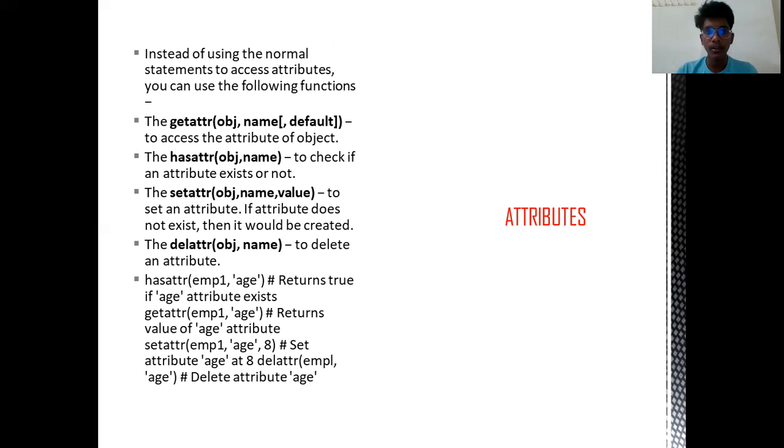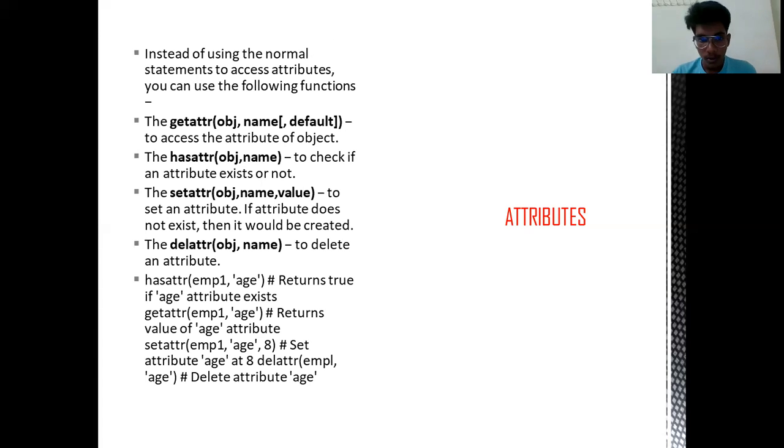The setattr function sets an attribute; if the attribute does not exist, it would be created, for example name and value. If it is not present, it will create the new attribute. The delattr function takes the object and name and deletes the attribute from the given object.